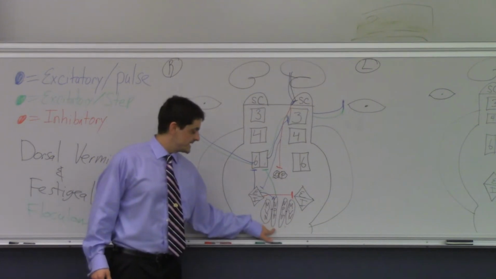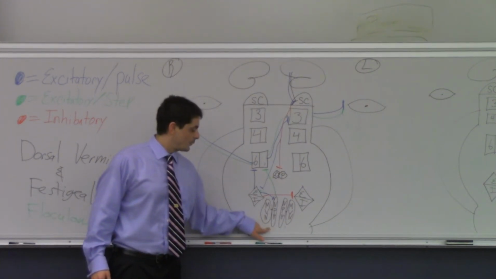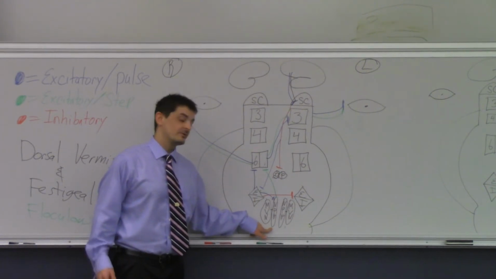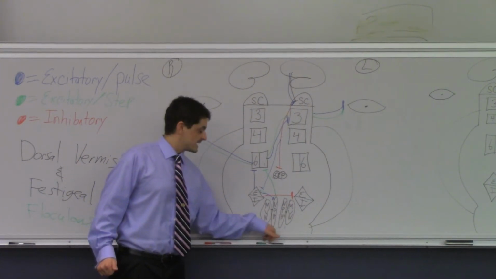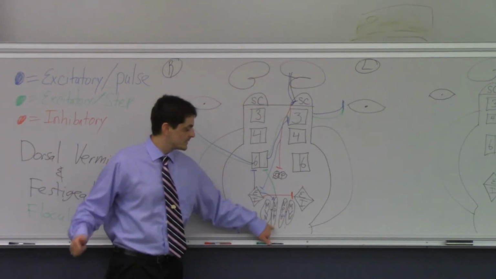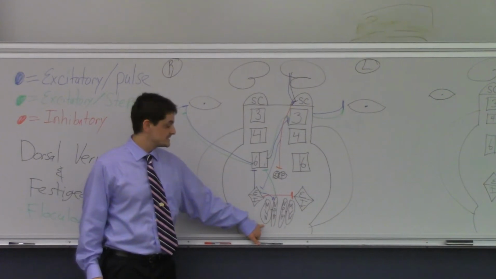Now, the NPH and the medial vestibular nucleus are right next to each other, and that's because they're both heavily involved with the step. With saccades, the boss, the number one in charge, is the NPH, followed by the medial vestibular nucleus.